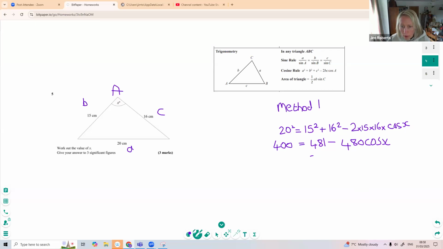So what we need to do first is subtract 481 from both sides. Get minus 81 here. And we get, don't forget that minus belongs to that 480.